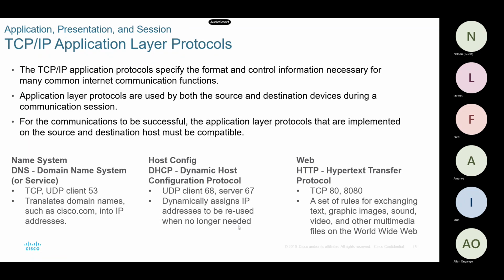And then, of course, we have the web server, which is used to set the rules for exchanging text, graphics, sound, images, videos, and other multimedia files. This happens over the World Wide Web, the www. It's a client and server-based protocol. The client is the web browser, and the server is the web server.